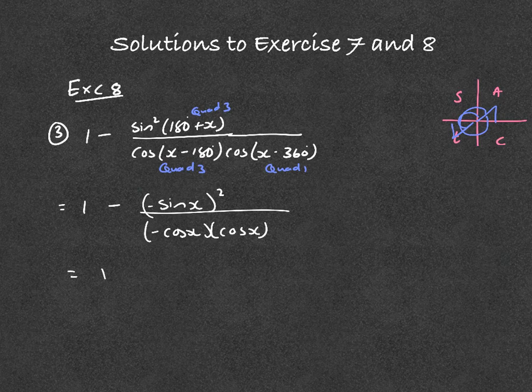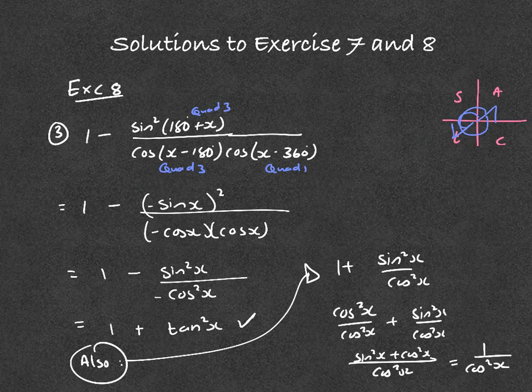So what we've got is 1 minus sine squared x over minus cos squared x. That means it is equal to 1 plus tan squared x. So I'll be happy with that, right?